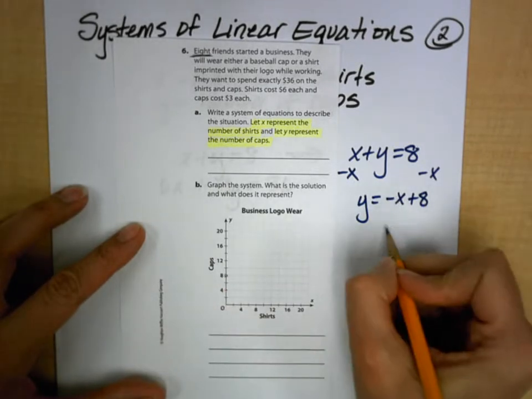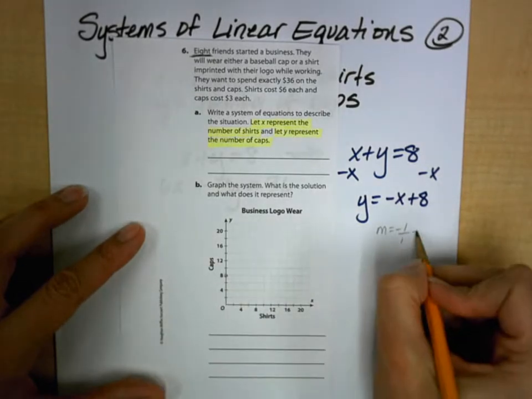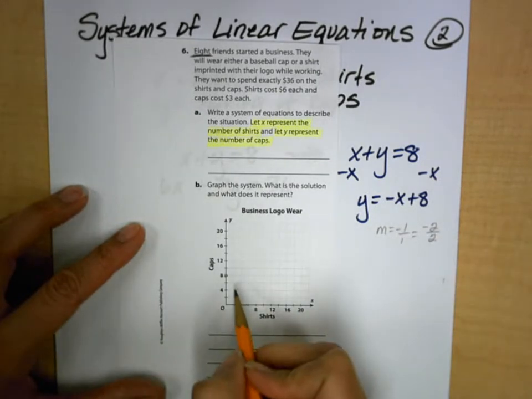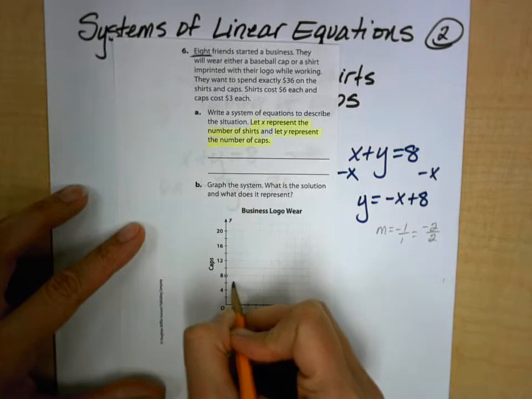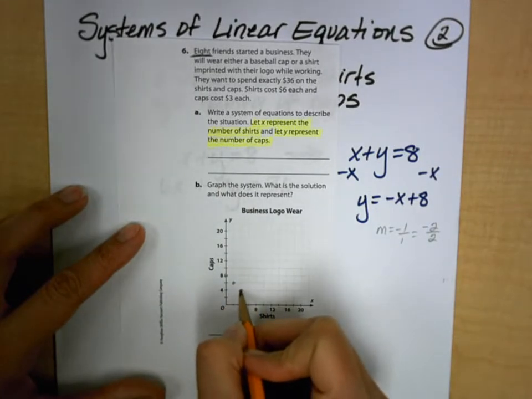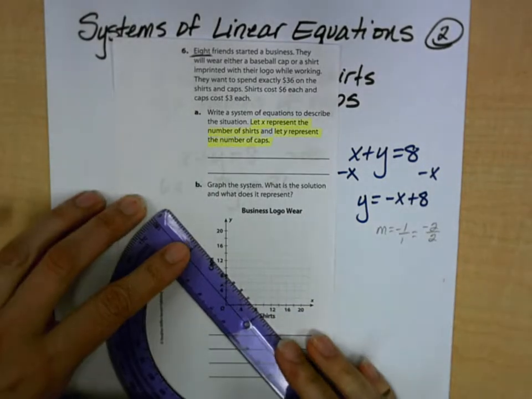So if my slope is negative 1 over 1, and my graph is going by 2's, I'm going to keep this equivalent and just make it go negative 2 over 2 so that I don't make a mistake plotting my points. So I'm going to go down 2 over 2 because this graph is going by 2's, okay? Down 2 over 2. Take my protractor and draw the line.